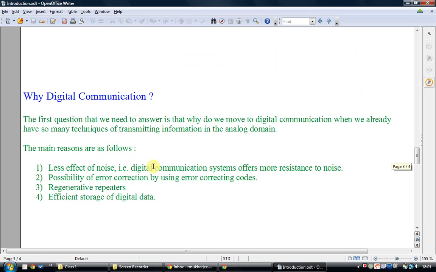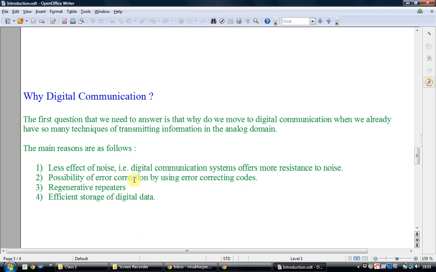Why digital communication? That is the first question we need to answer. We have so many analog modulation techniques available with us. So why are we moving to digital communication? The first and foremost is the less effect of noise. Digital communication systems offer more resistance to noise.